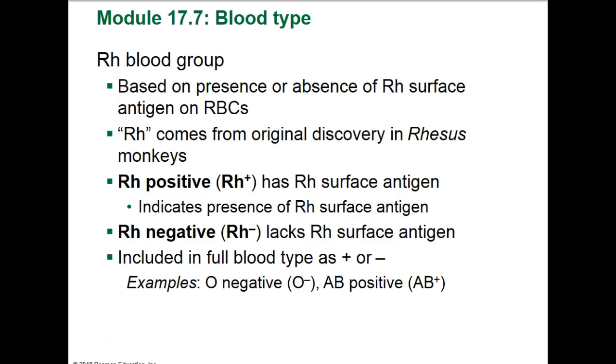If you're positive for A, that just means you're A. Because the positive negative part after the letters is the RH part. So you can be AB negative, right? Your A well or box can agglutinate. Your B box can agglutinate, and you can have no RH factor. That is AB negative.